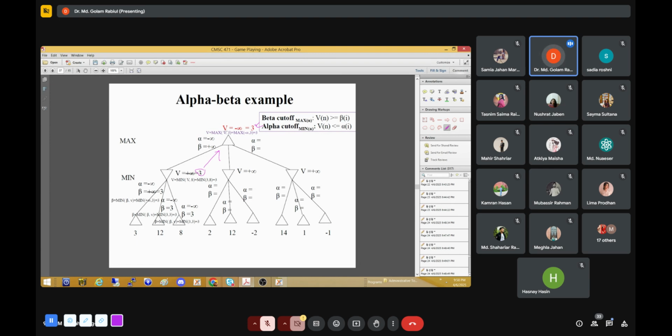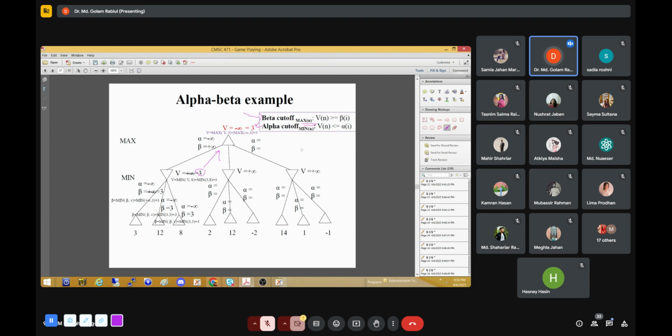After v, what we have to do? We have to apply the pruning, but this time we have to apply the beta pruning, because in the max node we apply the beta pruning. Beta pruning means we check whether v of n is greater than or equal to beta or not.